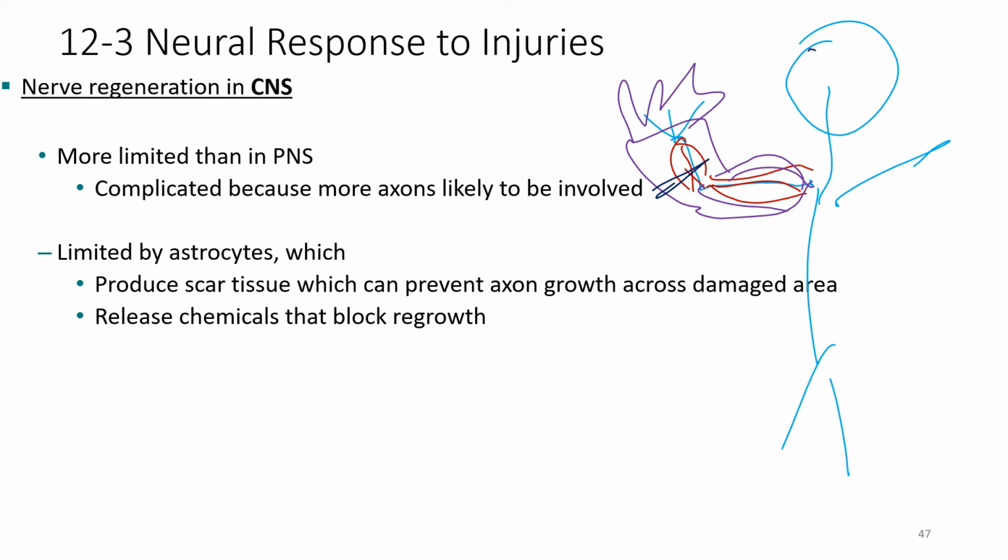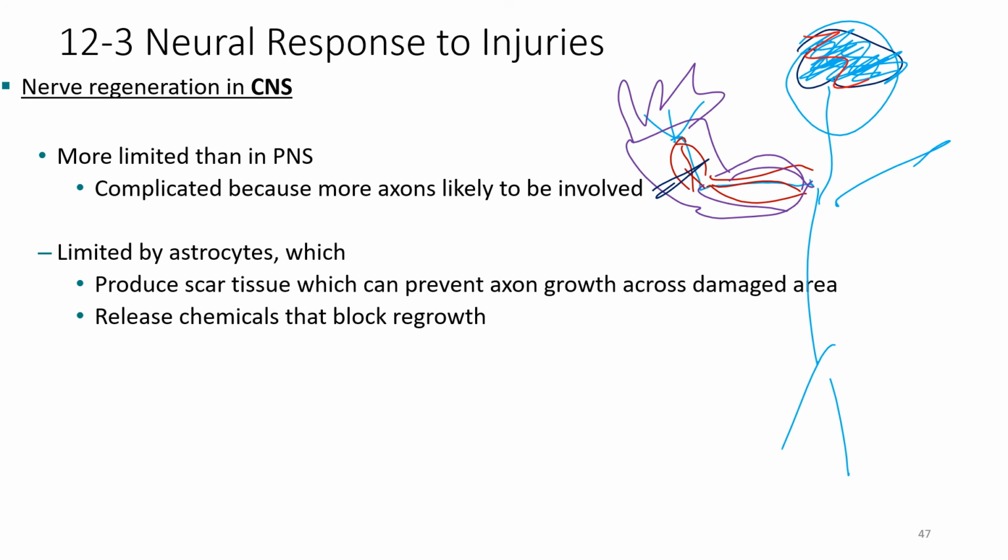versus if we were in the brain, our brain is basically just jam-packed with all those neurons. And so if we have an injury come in here, we've got lots more neurons, lots more axons that are likely to be involved in an injury there because they're just packed in so tightly together. Our astrocytes are also going to limit the healing because they produce scar tissue, which can prevent that axon growth across the damaged area.